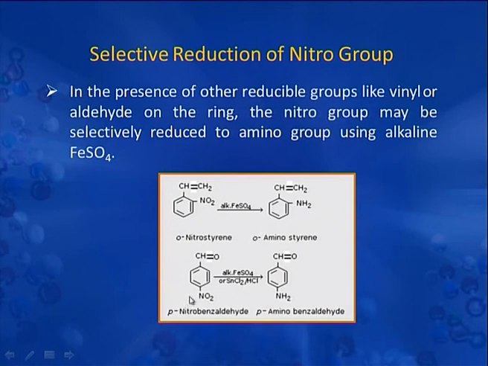Here in this case the nitro group is present on benzaldehyde, or in this molecule we have an aldehyde group which also has a reducible carbonyl group and a nitro group which can also be reduced. But when the reduction is carried out with alkaline ferrous sulphate, only the nitro group is reduced, leaving behind the aldehyde group unreduced.